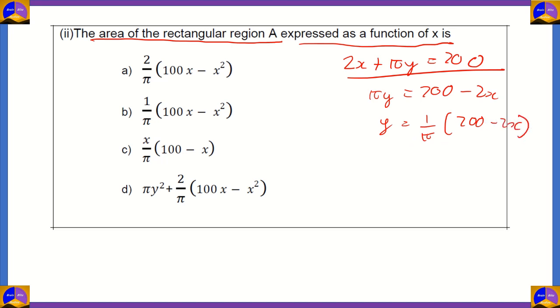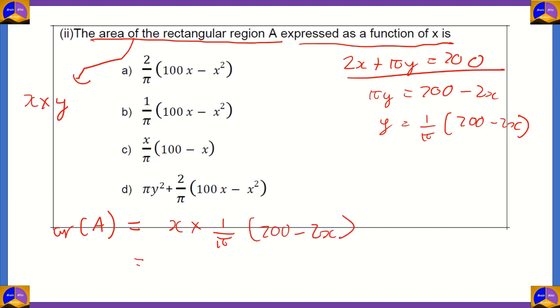This is the value of y in terms of x. Now, we need to find the area of the rectangular region. Area of a rectangle is always the length times the breadth. So the area of rectangular region A can be calculated as x times 1 by pi into 200 minus 2x.